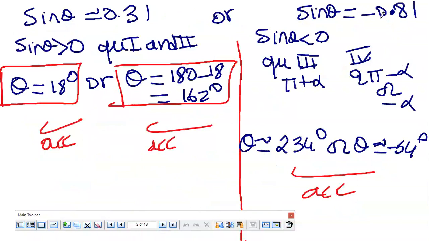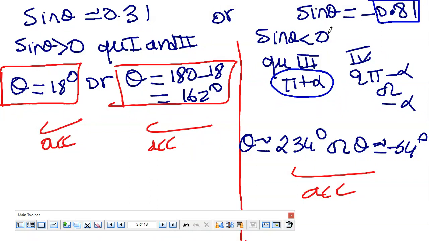Now for sine theta equal to minus 0.81, it's negative, so I'm in quadrant 3 and 4. In quadrant 3, the angle will be pi plus alpha, and in quadrant 4, 2 pi minus alpha. But be careful, I don't put shift sine of minus 0.81 in the calculator. I always use the positive one.